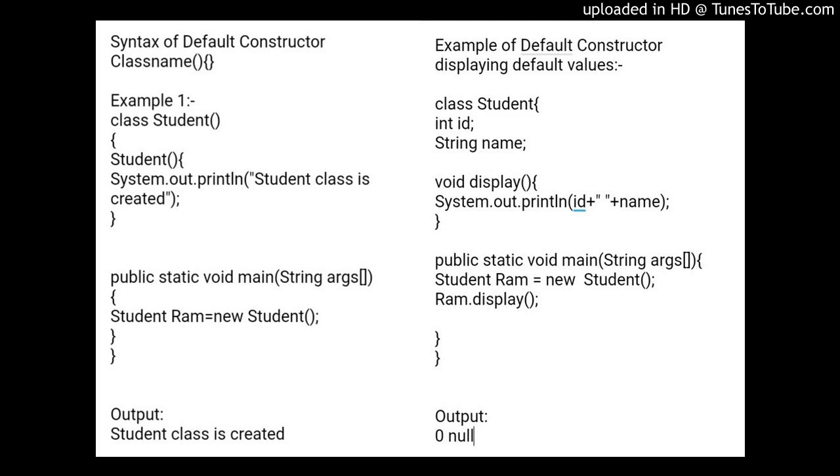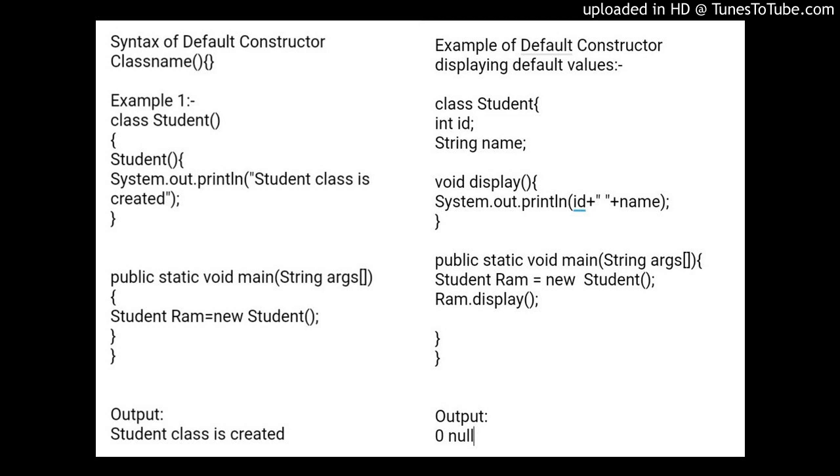As we have discussed just a while back, there are two types of constructor: one that will have no argument and the other that will have arguments. The one that has arguments is called a parameterized constructor. Java provides a default constructor if you haven't written one.